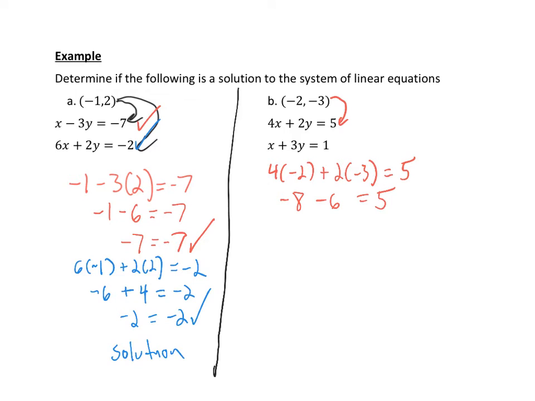Negative 14 equals 5? Well, that is not true. And because of that, this is actually not a solution. We can stop there. We don't even need to plug it into the second one. The point needs to make both equations true.